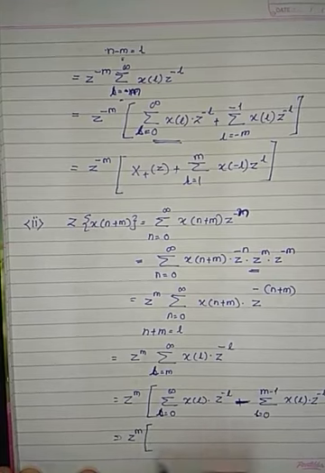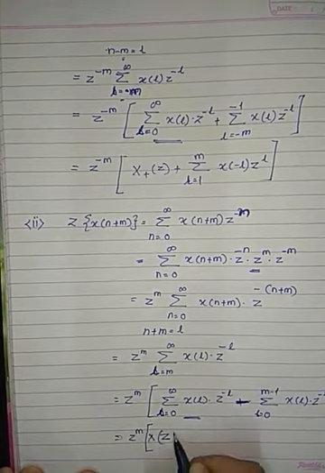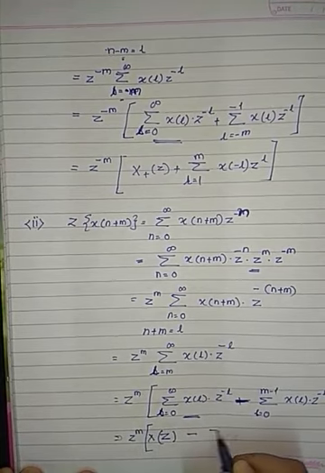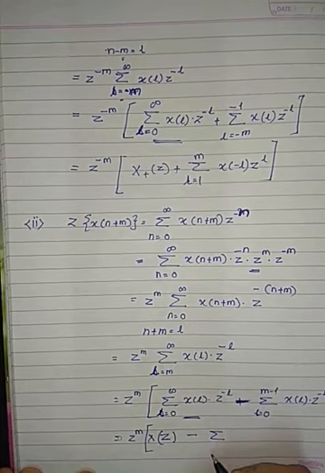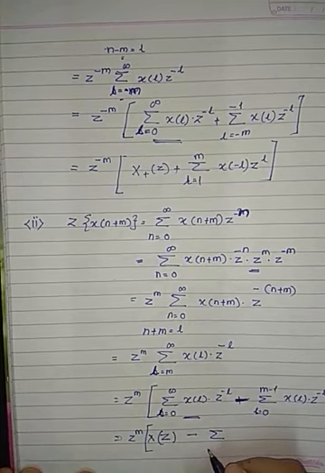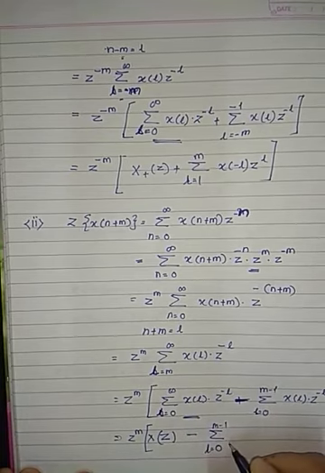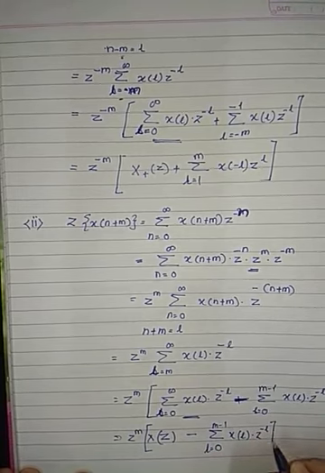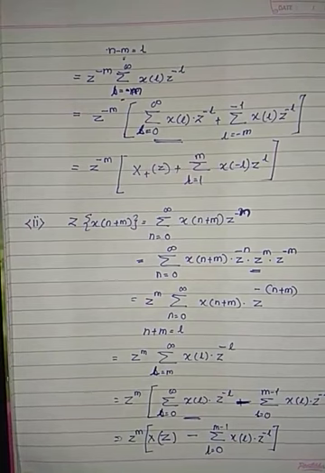Z raised to m, and this is the z transform of the provided sequence, so it is X of z minus summation from L equal to 0 to m minus 1 of x of L into z raised to minus L. Okay, so this is our provided condition.